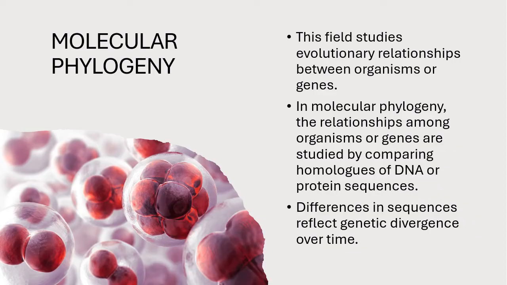Molecular phylogeny is a field that studies the relationship between organisms or genes. In molecular phylogeny, the relationships among organisms or genes are studied by comparing homologous DNA or protein sequences. The homologous DNA or their protein sequences are what give us a clue.